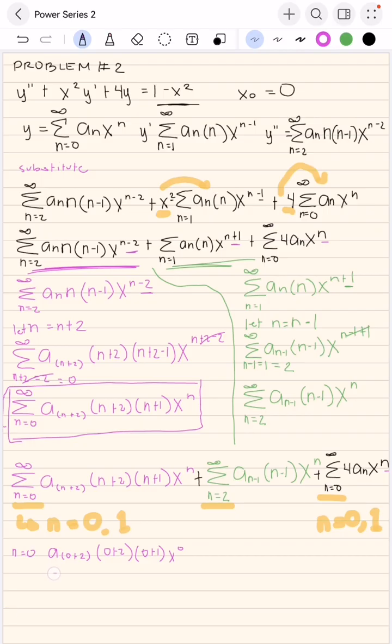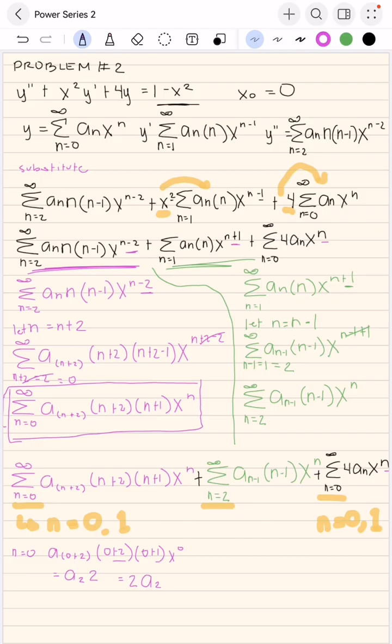So this would be equal to a_2, 2 times 1 is 2, or 2a_2.